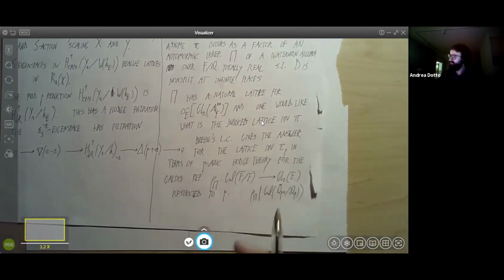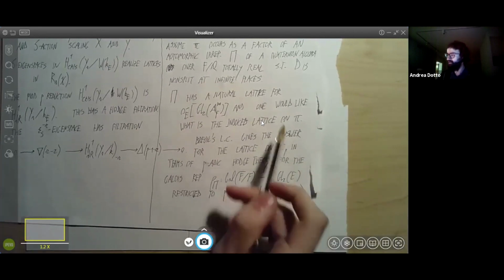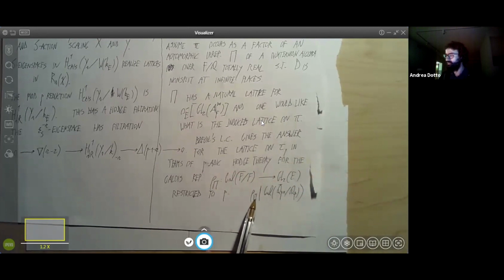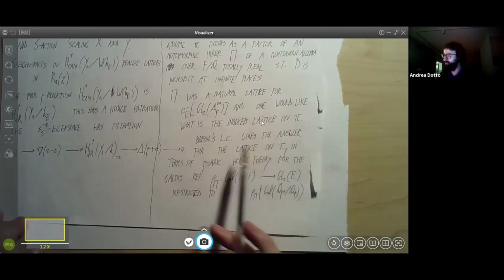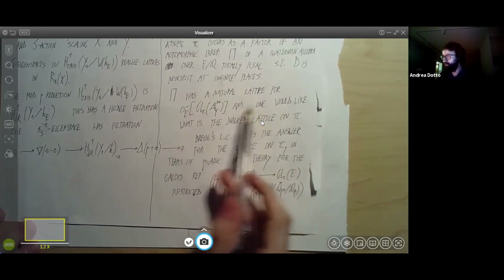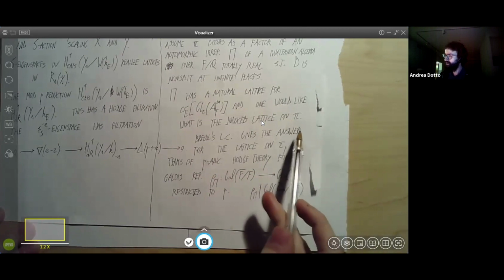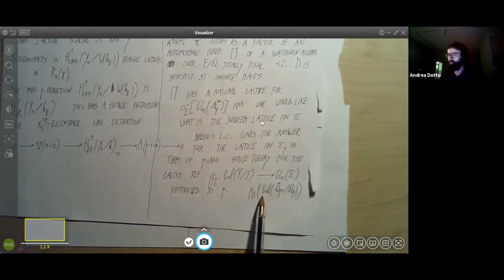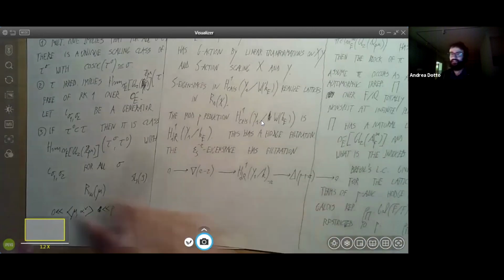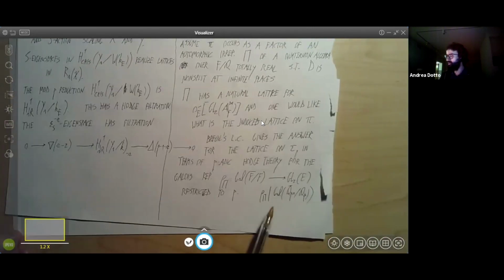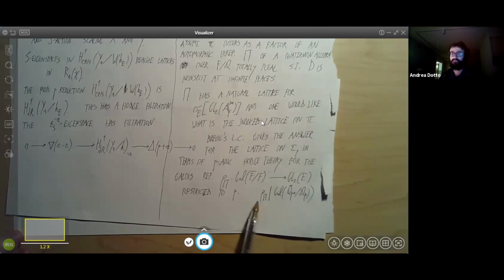One would like to know in particular that this thing is uniquely determined by this restriction. One way to start studying that question is to see if at least the lattice that is induced on the type of pi is locally determined. And Breuil's lattice conjecture gives you a formula for that lattice in terms of these numbers I was talking about, which can be computed via the Dieudonné module of rho of pi.